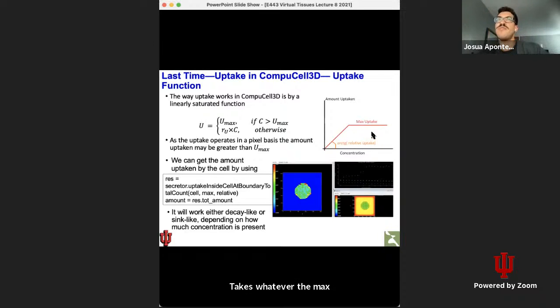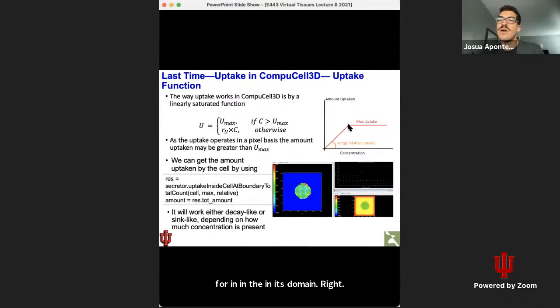Let's say we specify that the maximum uptake is 2, whatever units we decide to assign to it, and the concentration in the field is 4. Then at that particular time step, the cell will take 2 out of the 4 in its domain.